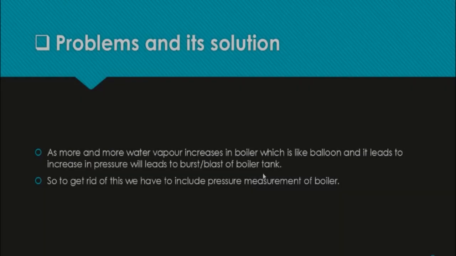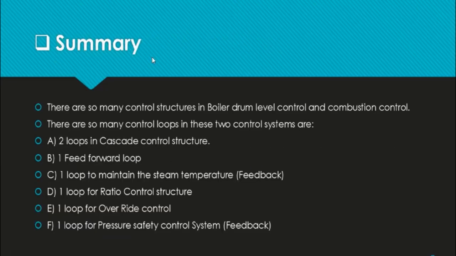Now, coming to the summary of this concept, there are so many control structures in boiler drum level control and combustion control. There are 2 loops in the cascade control structure: one loop is the level transmitter loop, and another is the loop measuring the input flow.